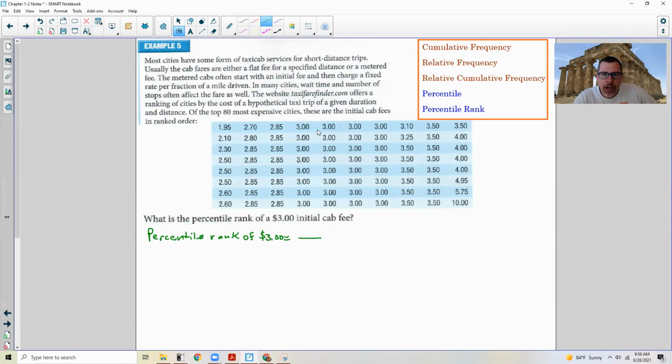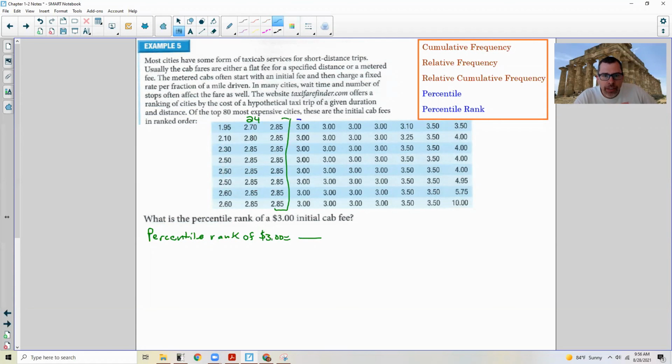So let's take a look at how many are below. So $3 started here, so all of these over here are below. And there's 1, 2, 3, 4, 5, 6, 7, 8 times 3. There are 24 values below $3.